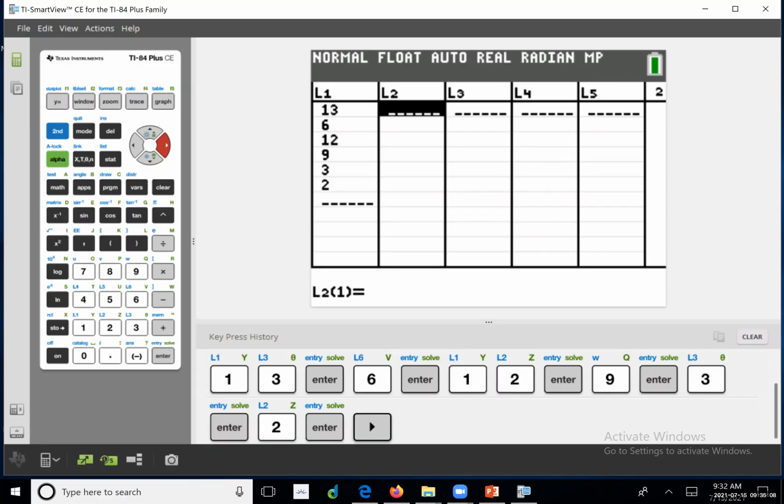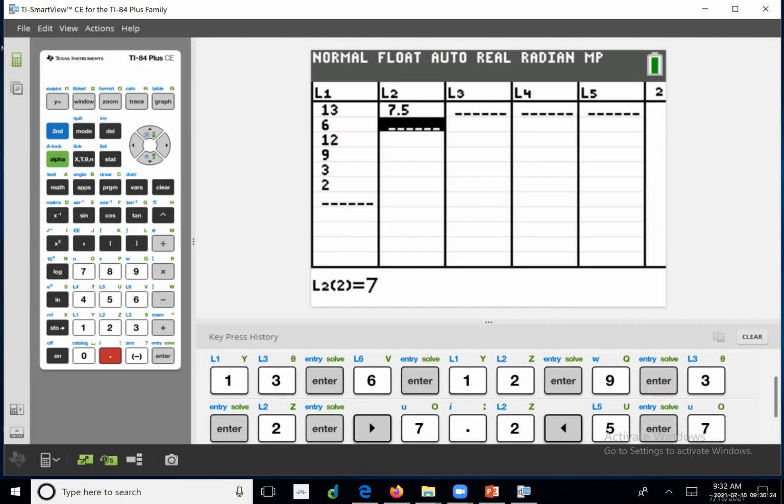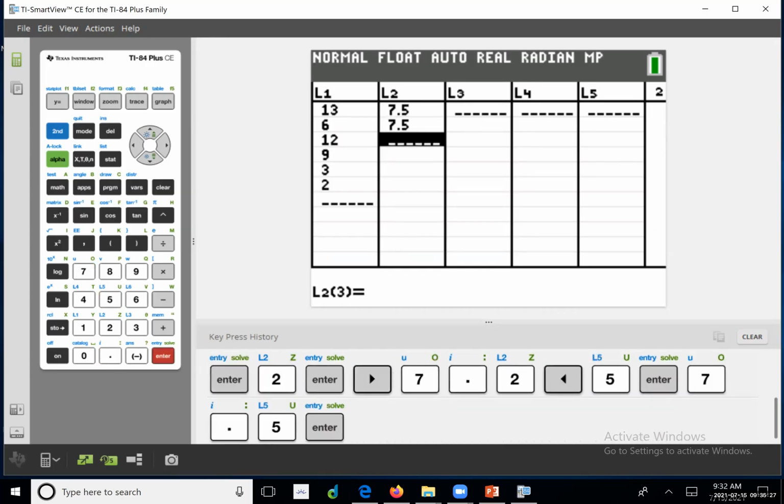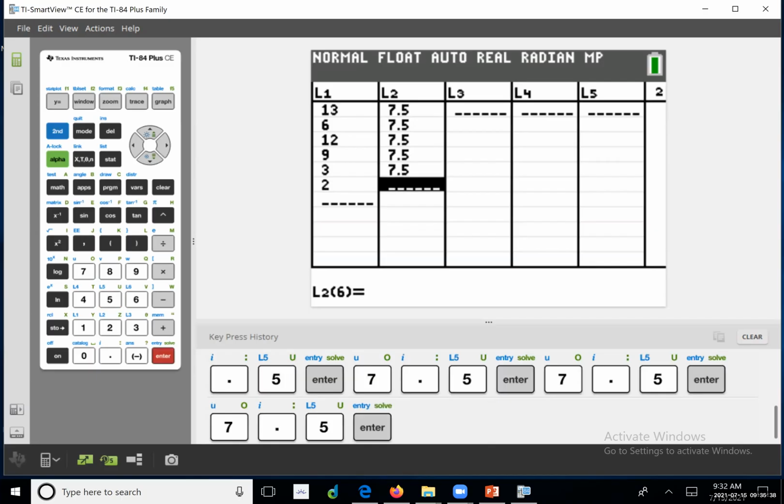If it's way different from the expectation, then it's probably an unfair die, meaning it's more likely to roll on one side than others. So in L2, 7.5 six times.